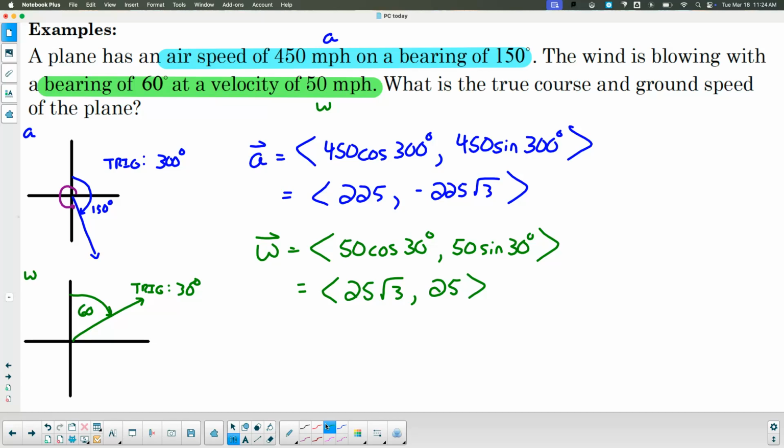Agree? Okay. So my resultant vector then is going to be, or what I told you to memorize is A plus W equals G. I've got A, I've got W, we need to find G. So my resultant vector here is going to be 225 plus 25 square roots of 3, comma, negative 225 square roots of 3 plus 25.